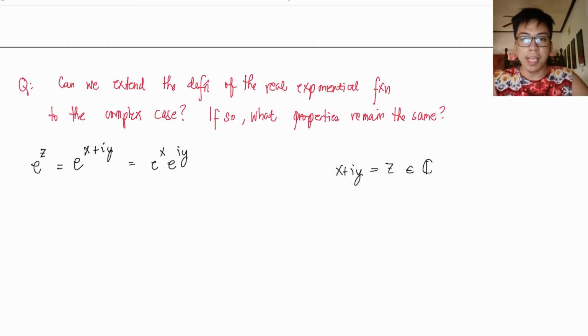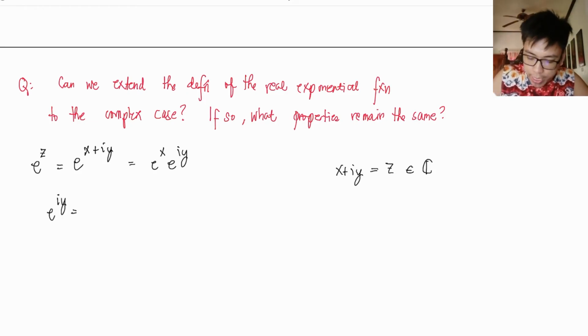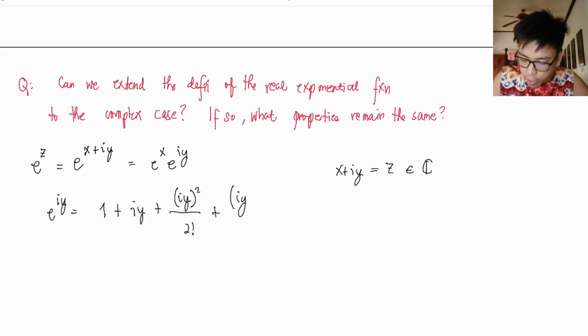Now, following the same method of expressing the real exponential function e to the x as a power series, if I do the same with e to the iy, then I would have 1 plus iy plus (iy) squared over 2 factorial plus (iy) cubed over 3 factorial plus and so on.